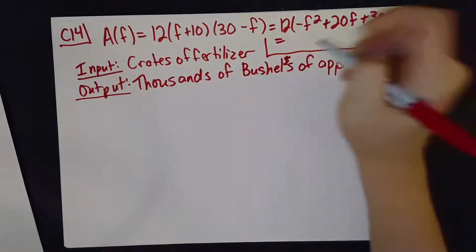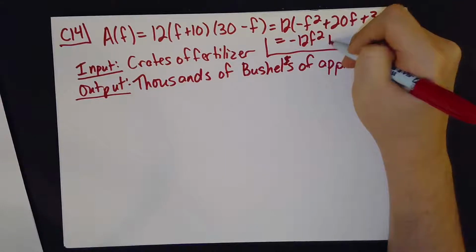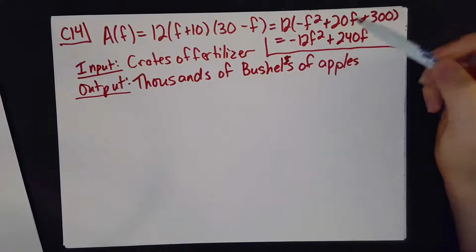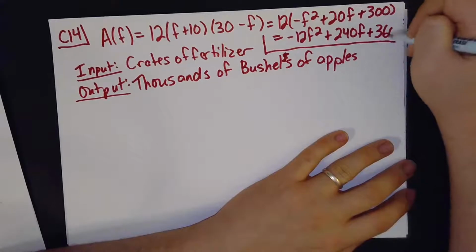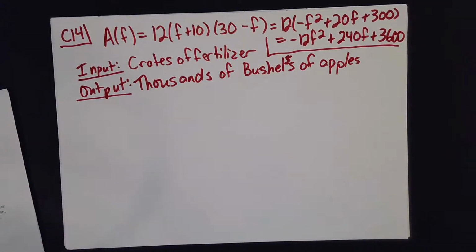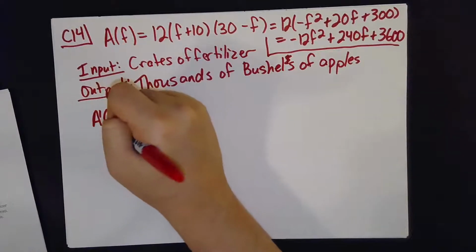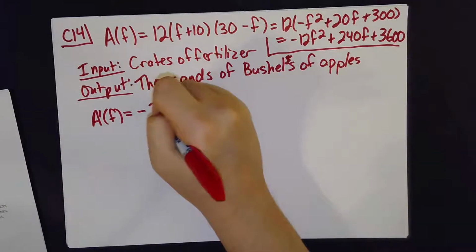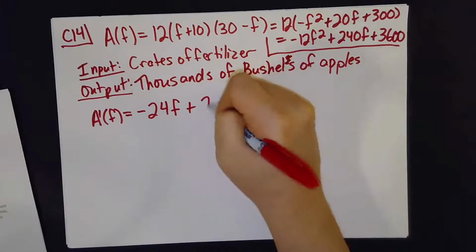As it happens to work out, minus 12f squared plus 240f plus 3600. So a prime of f then is going to be minus 24f plus 240.